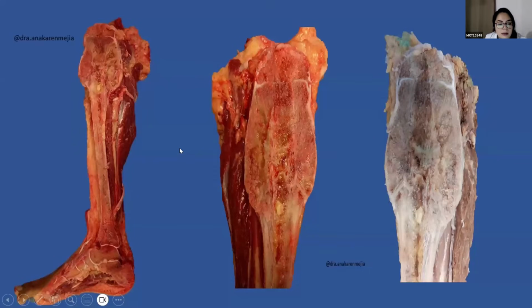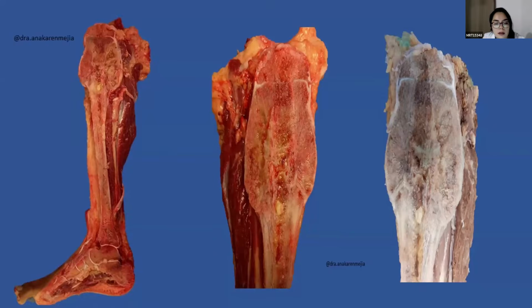On the macroscopic anatomy, we found a lesion in the epiphysis and metaphysis with extensive fibrosis corresponding to almost 70% of its totality and about 50% of necrosis. There was no residual neoplasia in the epiphysis, but we have residual neoplasia in the metaphysis.